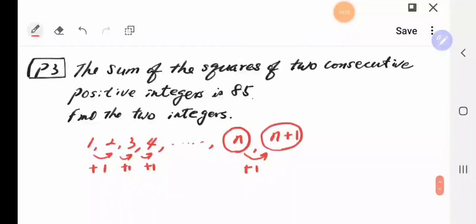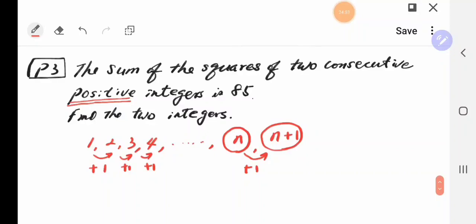Not n plus 2, because these are consecutive integers. So we are dealing with only positive numbers. So whenever you have a negative number, then eliminate that negative number. So we must have positive numbers, and then two consecutive integers means always 1 more than the previous number. So once we find n as like 6, then the next number will be 7, something like that.